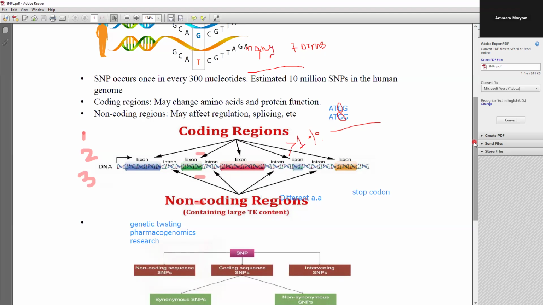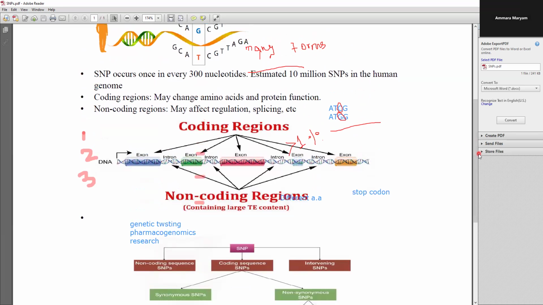These mutations rarely occur in a particular population. So that's the main difference. And it is not necessarily true that an SNP always causes any particular disease. So this is all about SNPs.